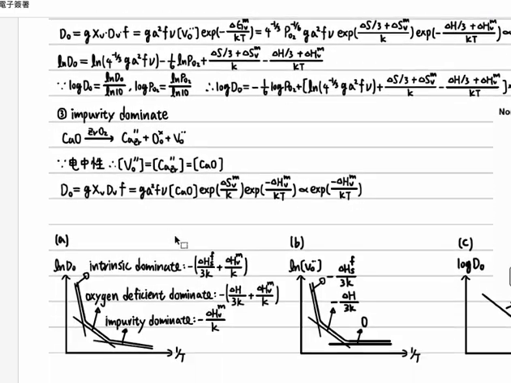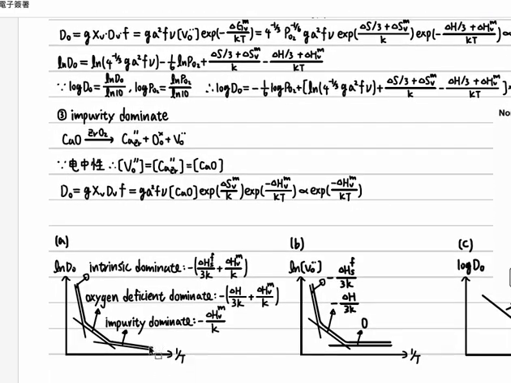And for the lower temperature, the dopant dominates. This will be the dopant CaO. Ca is 2 positive charge, and the vacancy at Zr is 4 negative, so I still have 2 negative here.